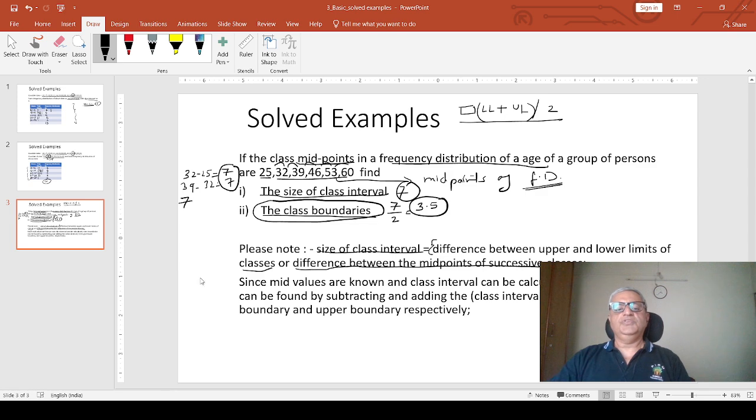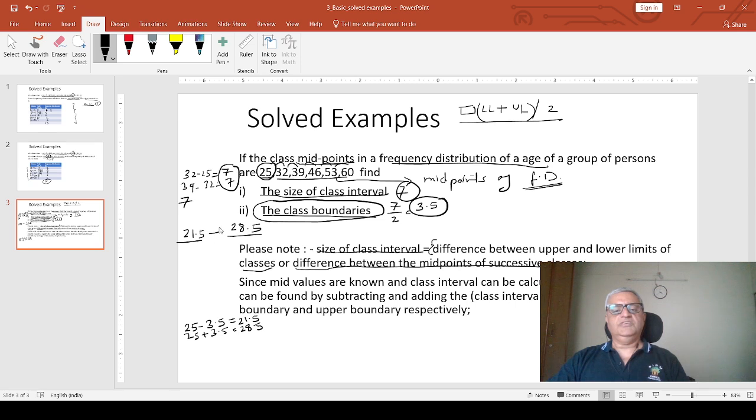From the midpoint of the first class, which is 25, I will subtract 3.5 from 25, which will give me 21.5, and I will add 3.5 to 25, which will give me 28.5. So for the first class, my boundaries are 21.5 and 28.5.